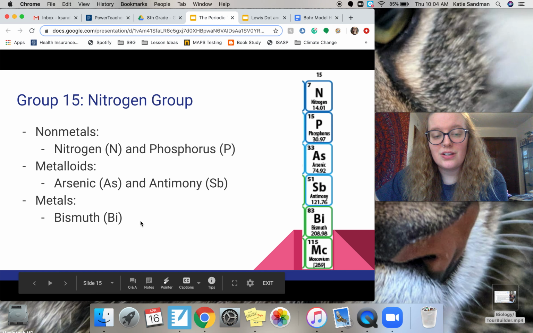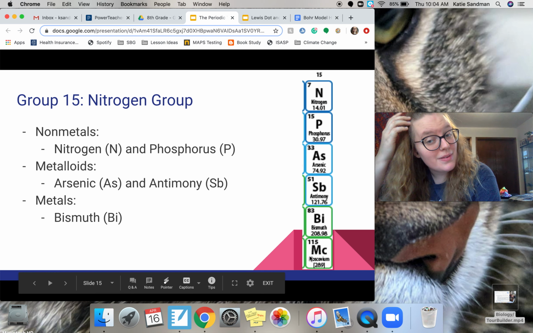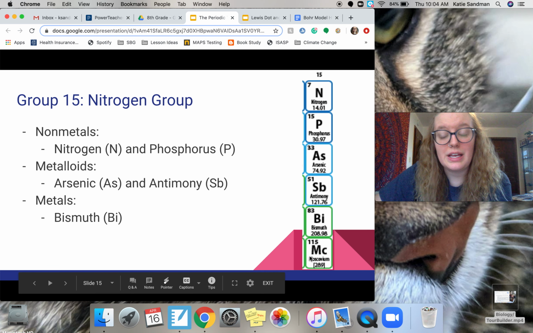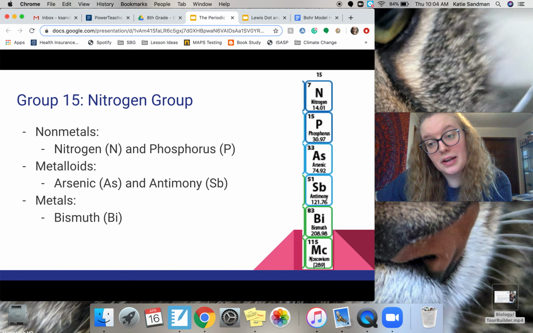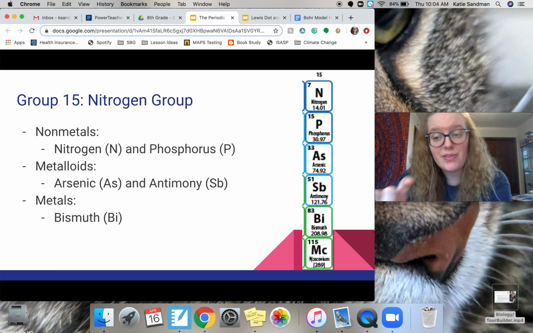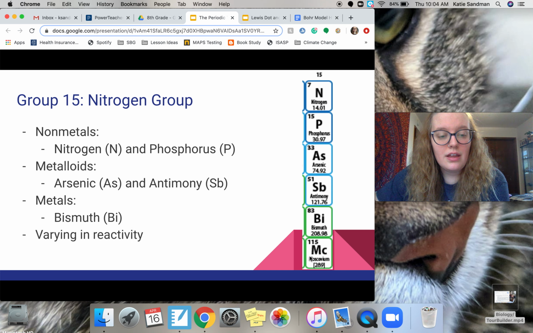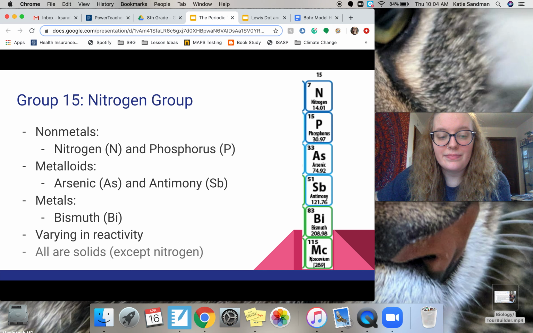So the ones that aren't listed here are the newer elements on the periodic table. The periodic table got updated in 2018. So that's why I said when you are looking one up online, make sure it's the updated one and doesn't have the unknowns there at the bottom. And these ones also vary in reactivity. And they are all solids except for nitrogen.